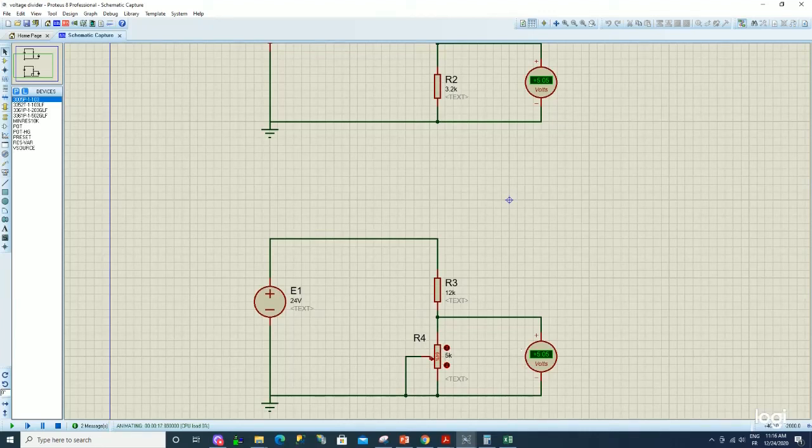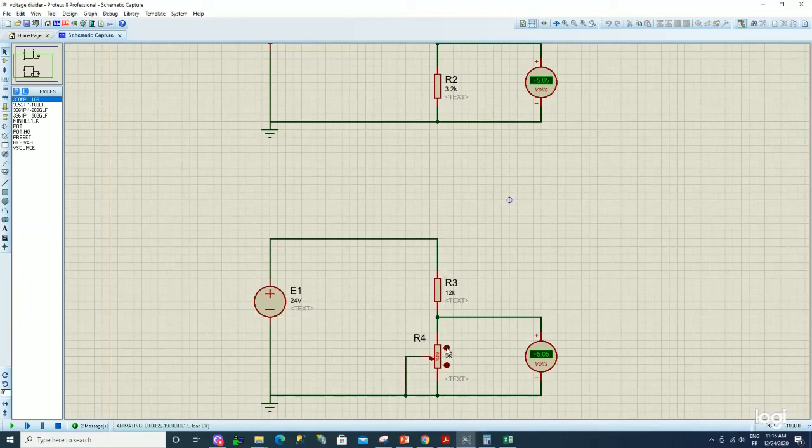Here I get 5 volts because I have 64% of 5 kilo, which means about 3.15 kilo.